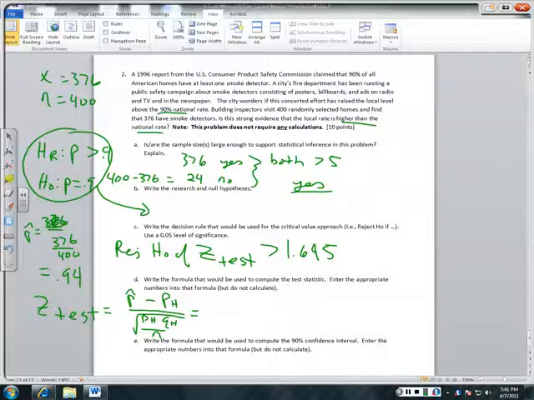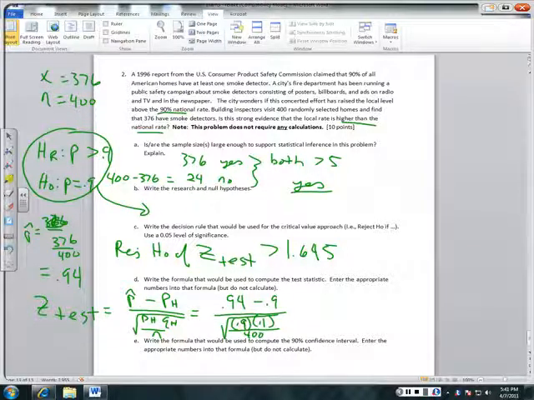So our sample statistic is 0.94 minus 0.9 divided by the square root of 0.9 times 0.1 divided by 400.